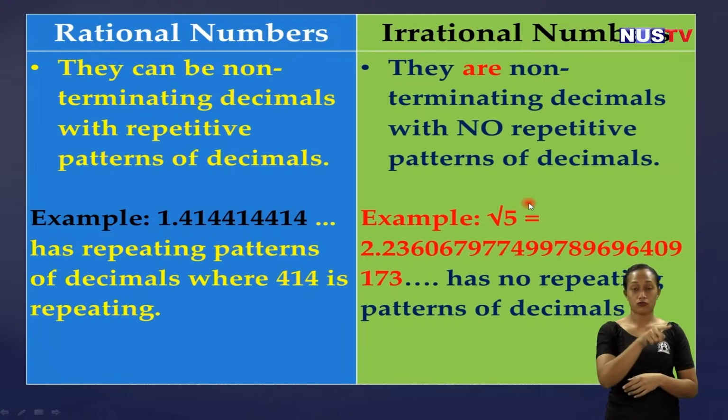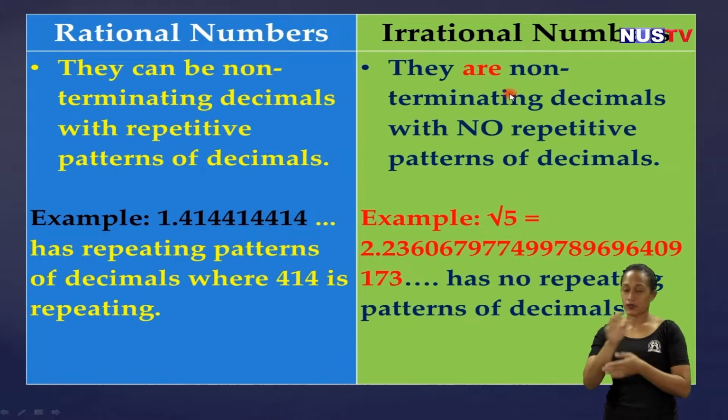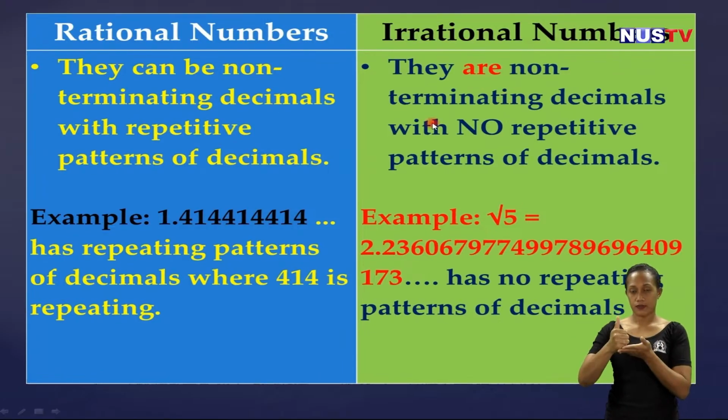Irrational numbers, they are non-terminating decimals with no repetitive patterns of decimals. Example: √5 equals 2.2367974799896964099173, which has no repeating patterns of decimals.